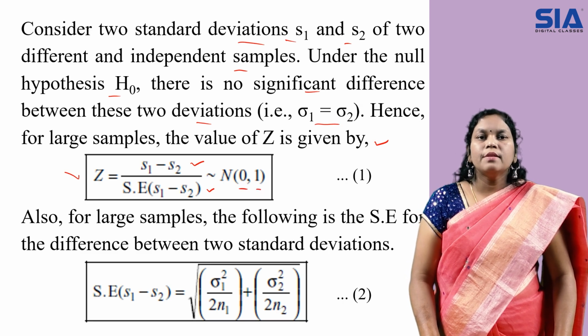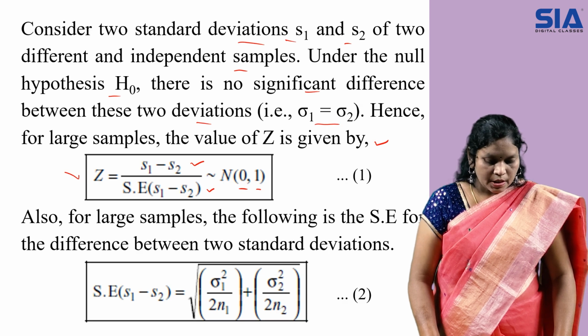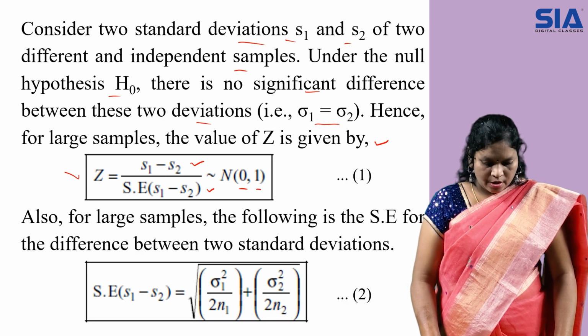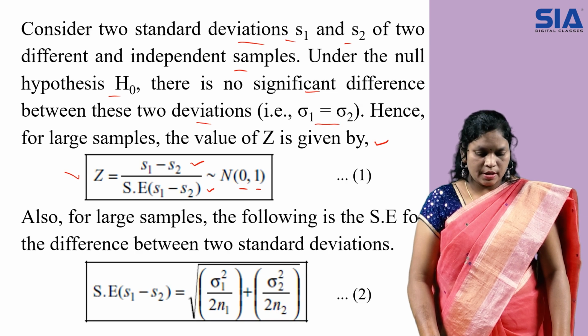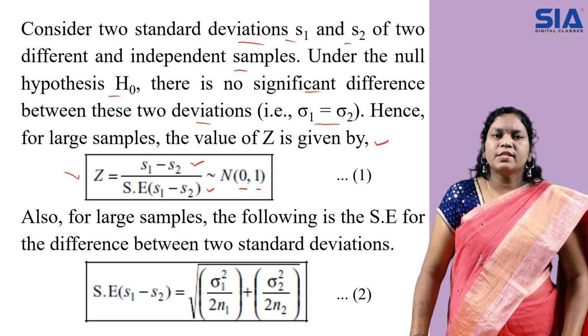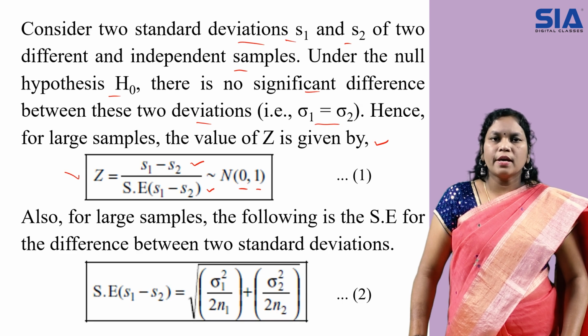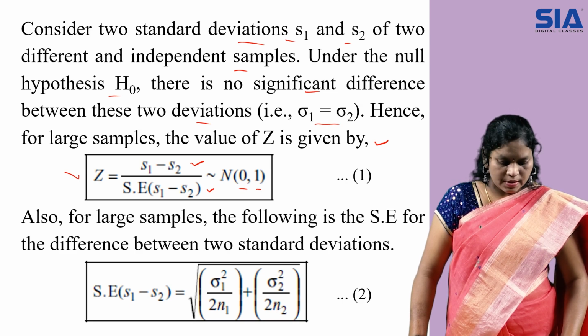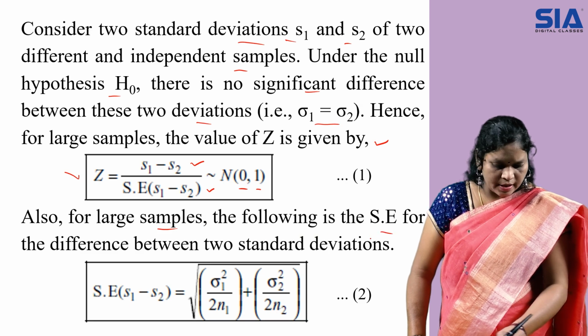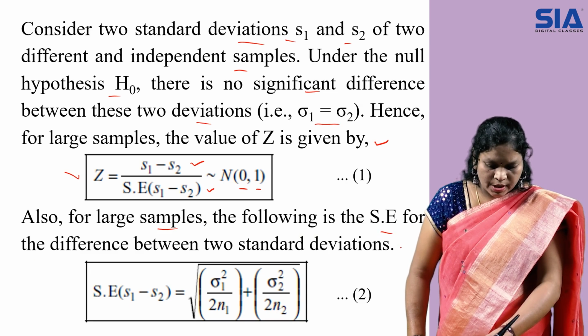Symbolically we wrote here that it comes from the normal population. I have considered that as equation 1. Now, let us see how the changes will go on. I need the value for standard error, so let us derive the standard error, again from the normal populations. For large samples, the following is the standard error for the difference between two standard deviations.